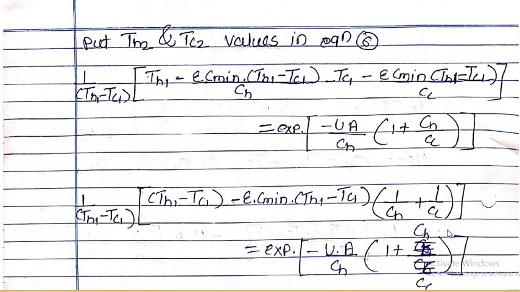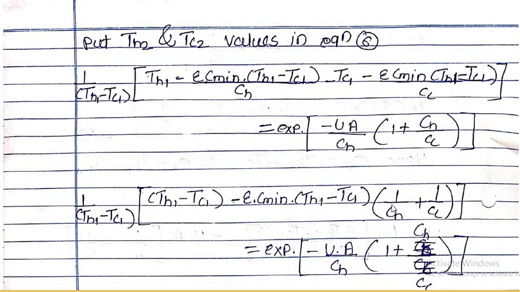Now this Th1 - Tc1 term we combine over here, so it becomes the bracket (Th1 - Tc1). Then from the remaining two terms we have taken common η Cmin (Th1 - Tc1). What remains in the bracket is 1/Ch and 1/Cc.